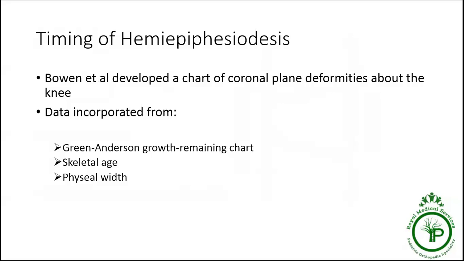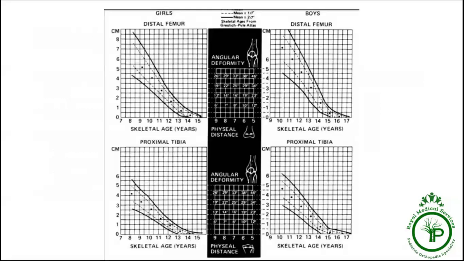So what about the timing of hemiphyseal? This is a very controversial issue, but there are some algorithms that have been introduced with some new technology, of course. These algorithms regard the bone you are treating, the skeletal age rather than the chronological age of the patient, and some measurements, and you plot your patient, and that gives you the expected growth and the expected age remaining for your potential of growth in these growth plates.